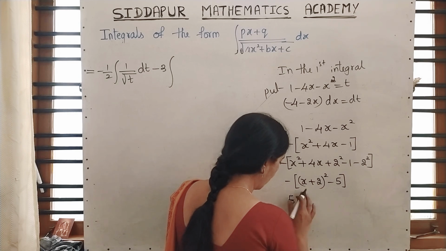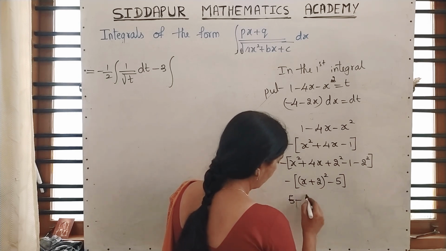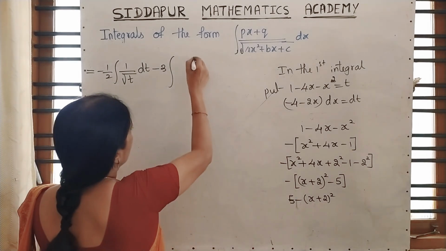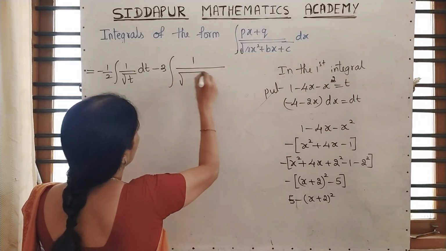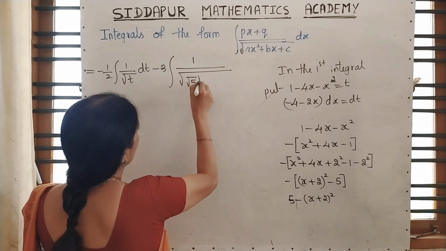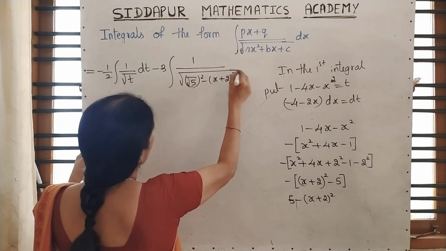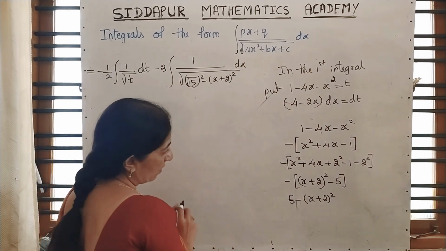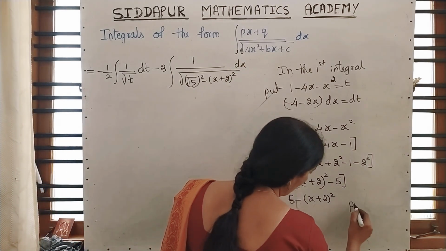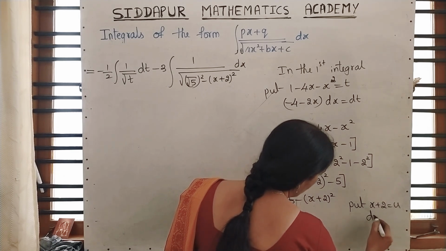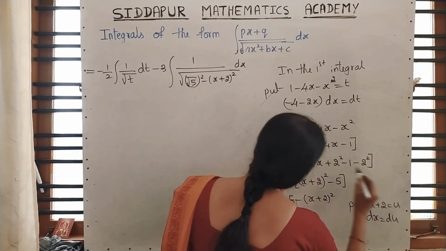That is 5 minus x plus 2 whole square. And 5 will be written as root 5 whole square. It is under root, minus x plus 2 whole square into dx. And put x plus 2 is equal to u, dx is equal to du. Next step.